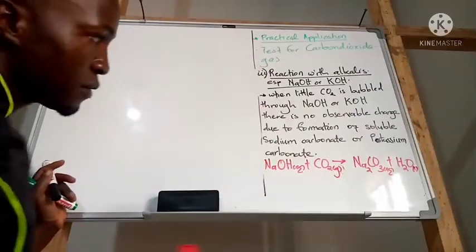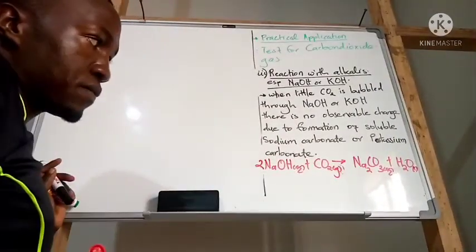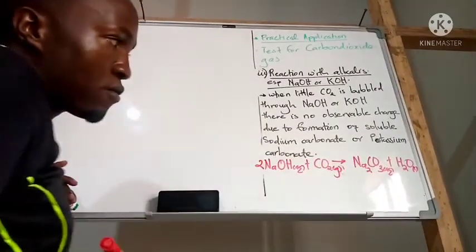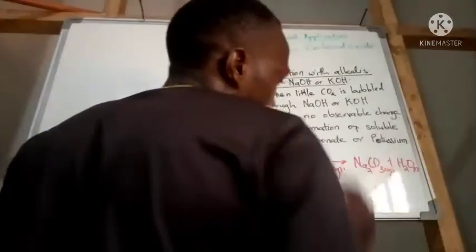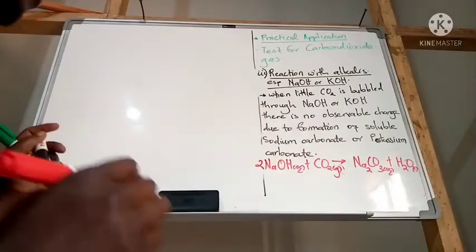Balancing the equation, sodium is 2, so I'm multiplying sodium hydroxide by 2. Oxygen becomes 2 plus these 2, they are 4. I'm seeing 3 plus 1, 4. Hydrogen is 2, hydrogen is 2. So my equation is balancing.